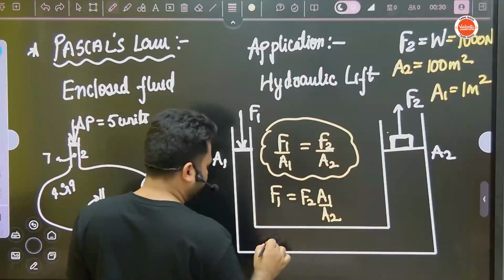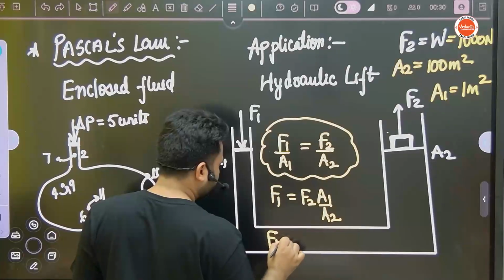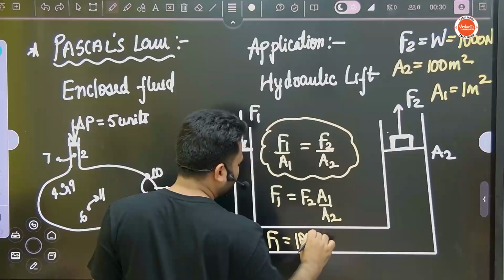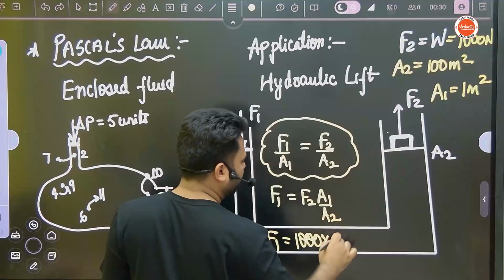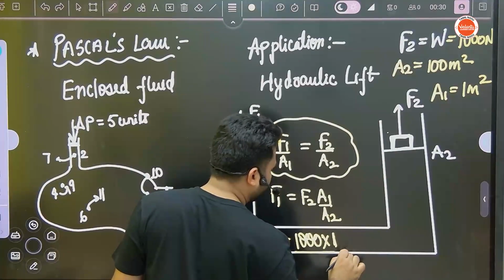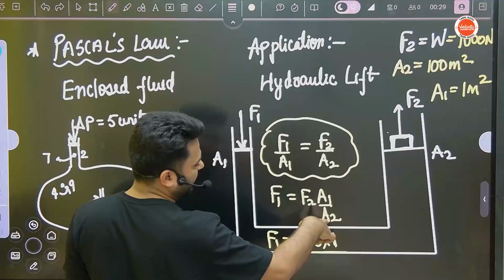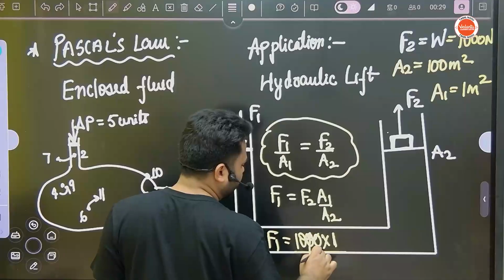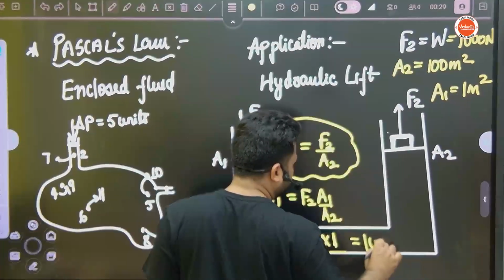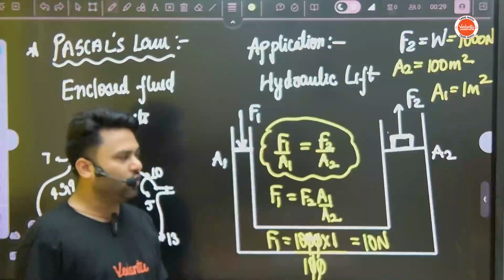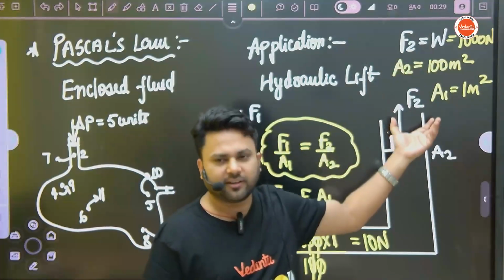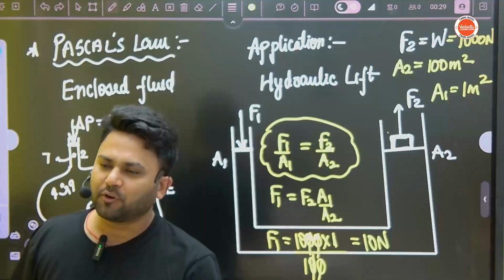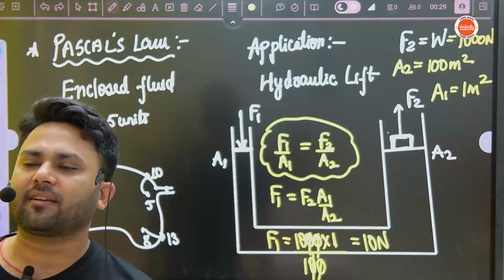We will calculate F1 equals F2. F2 is 1000 into A1, A1 is 1, divided by A2, A2 is 100. Zeros cancel. So how much force do you have to apply? 10 Newton only. In order to lift a 1000 Newton car, you have to apply only 10 Newton here. With less force, we are able to lift the car.